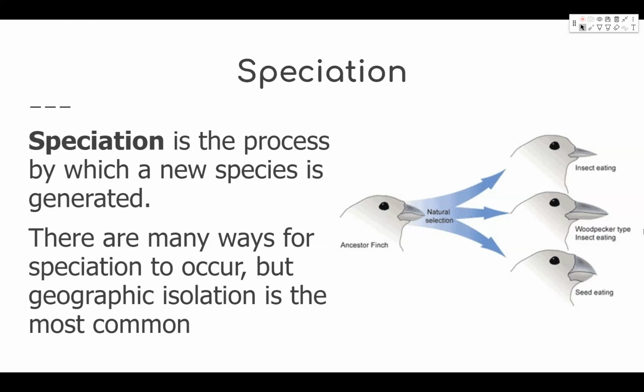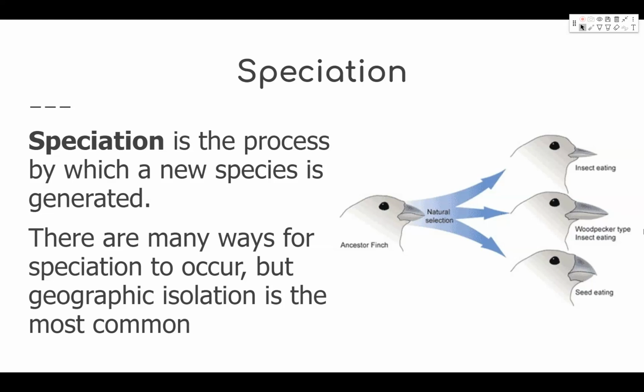So the most common example of speciation goes back to Charles Darwin. On his journey, he stopped in the Galapagos Islands, just off the coast of Ecuador, and he studied the bird populations on these different islands. These Galapagos finches, or even now we call them Darwin's finches, because he studied them so much. And what he saw was all of these finches with slightly different beak characteristics.